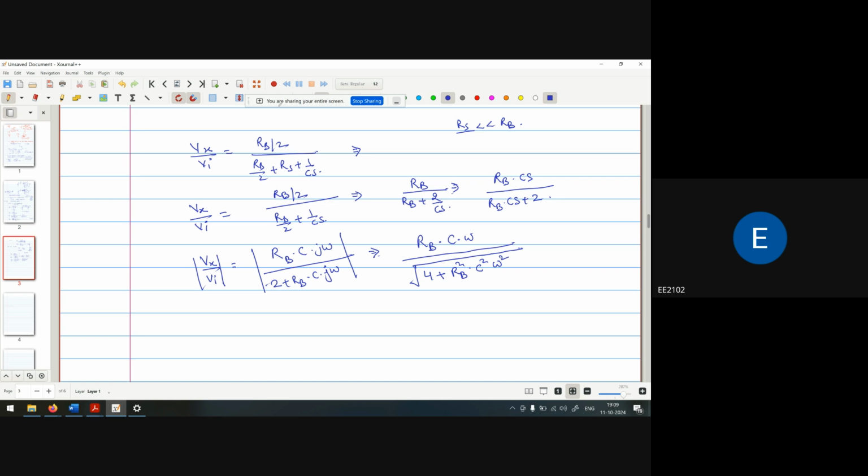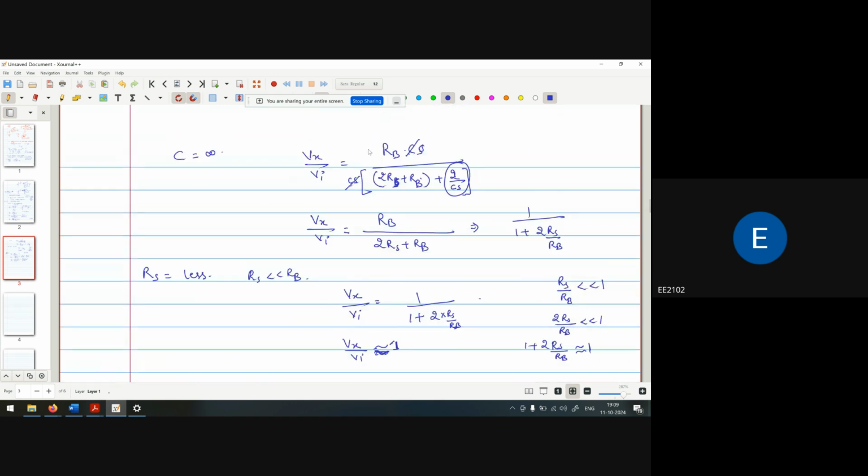This is the scenario when C is not equal to infinity. Capacitance is not equal to infinity, unlike the previous scenario, when capacitance was equal to infinity.